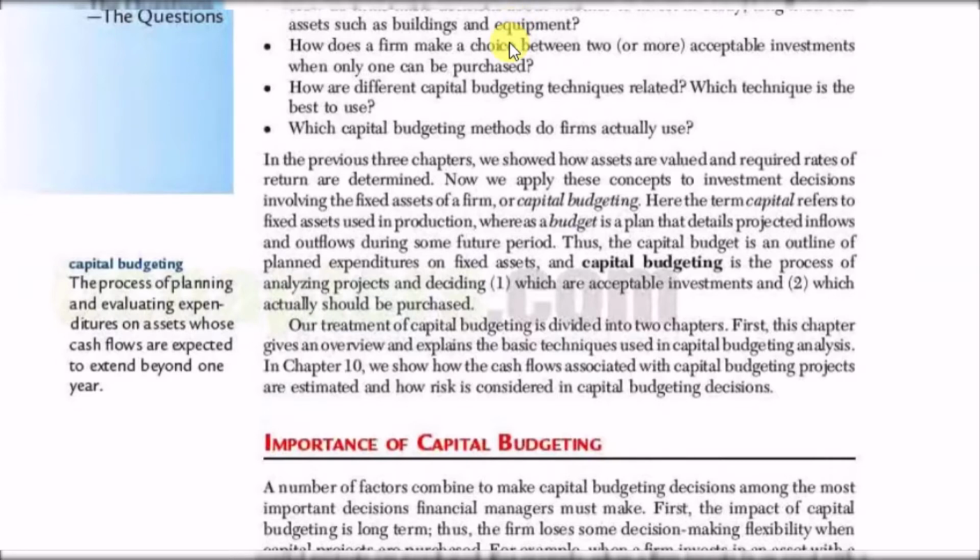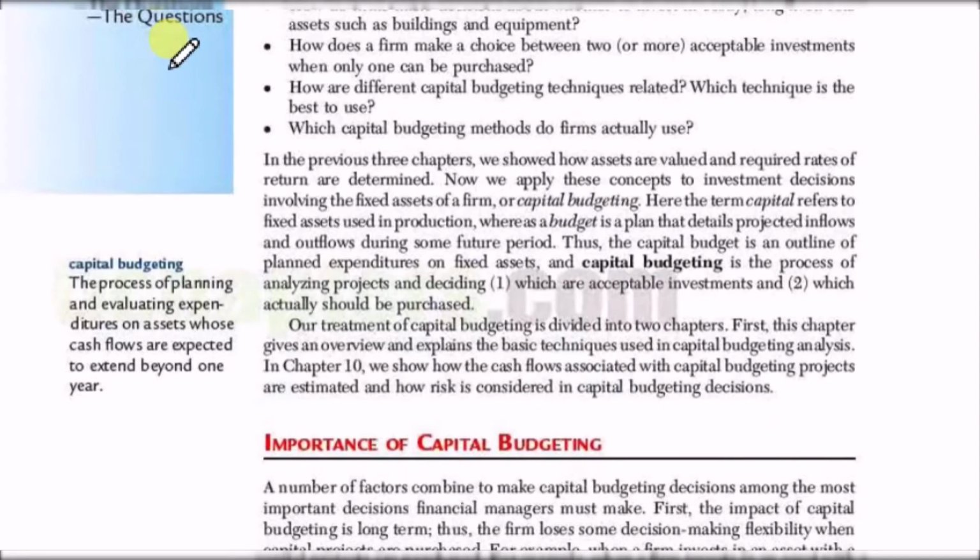Before we go on to learn the techniques, we have to have several basic ideas related to this capital budgeting. We have to know several core terms which are closely related to our techniques.